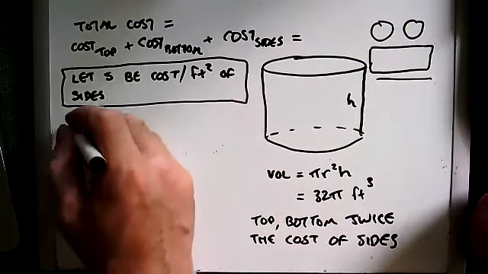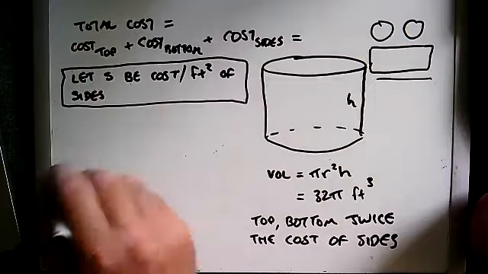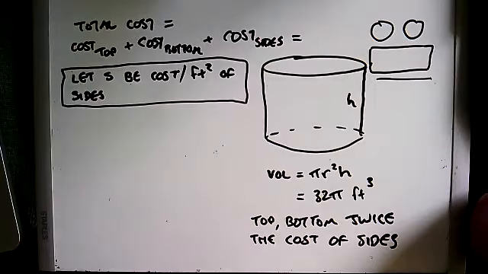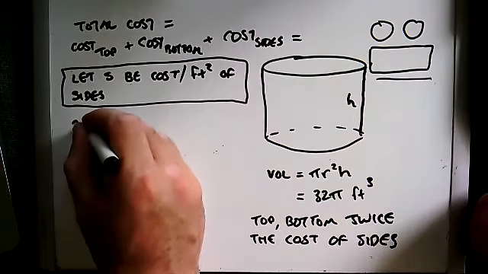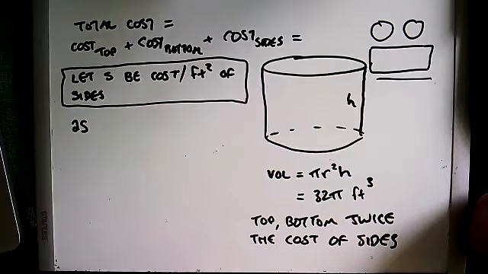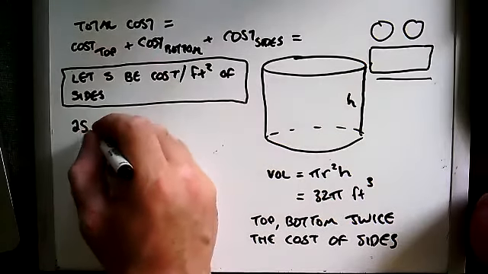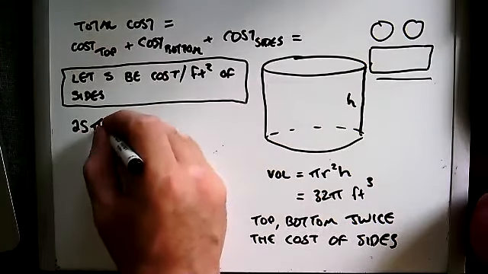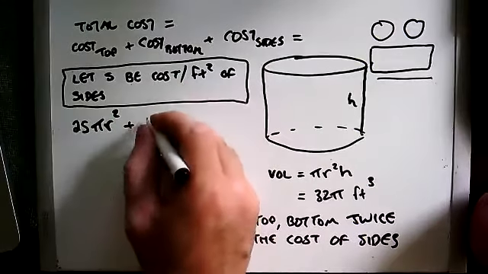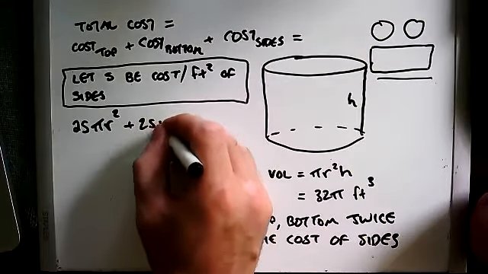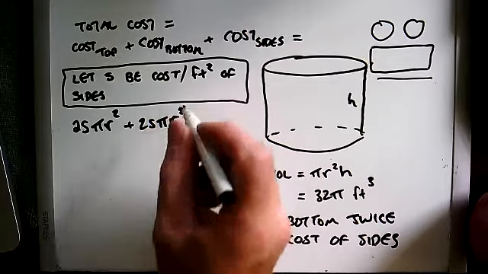So the cost of the top and the cost of the bottom, well, they're twice as expensive as the sides. So they're going to be $2s per square foot times pi r squared. That's the area of the top. And then the cost of the bottom is going to be the same, 2s times the area pi r squared.